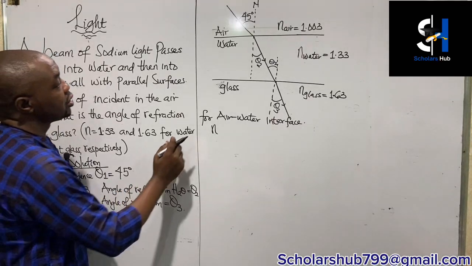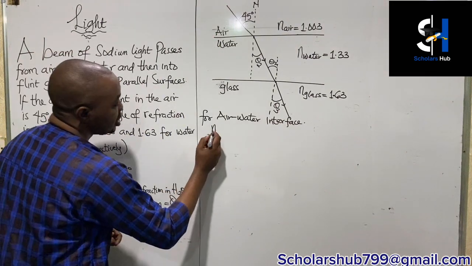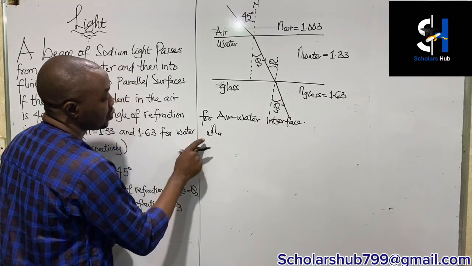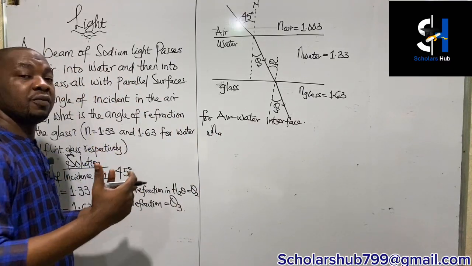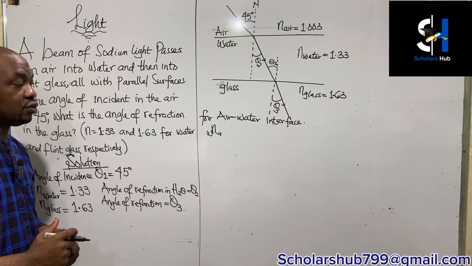So in this case we have air and water, which means this is going to be water, air, because it's going to be the reciprocal of the absolute refractive index of one medium with respect to the other medium.